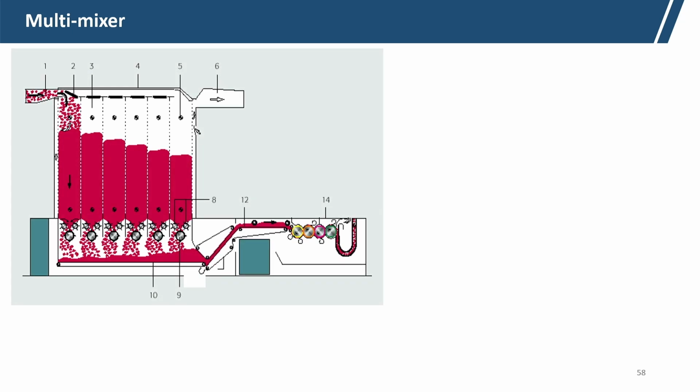And this is a multi mixer, the same process is there. You can see here there are 6 chambers, 1, 2, 3, 4, 5, 6, where fibers are fed from the fiber feeding line. As we have discussed, there are different processes there.